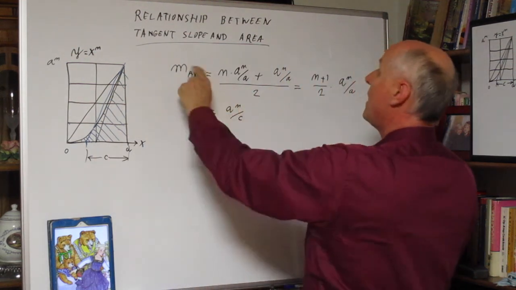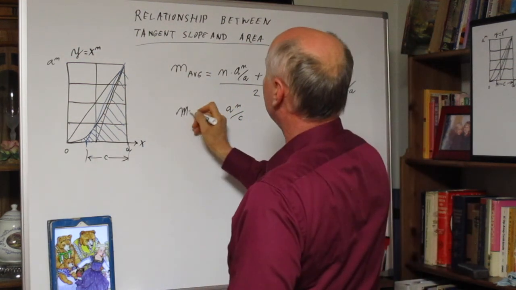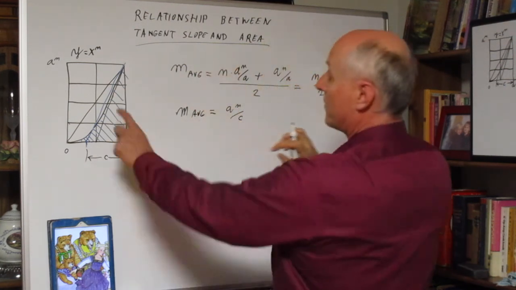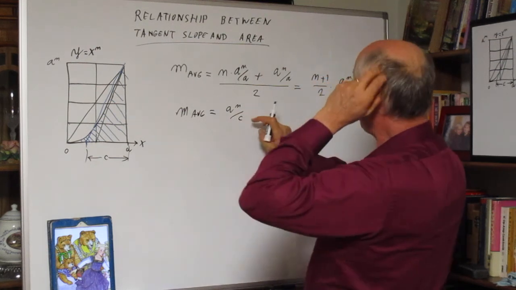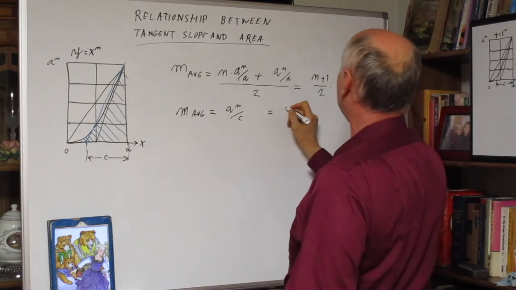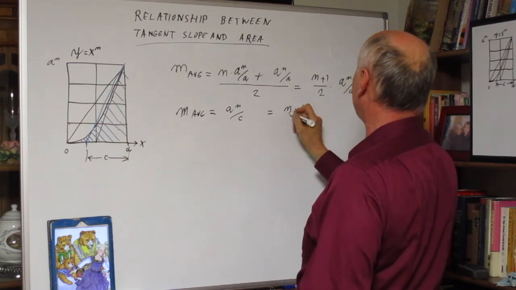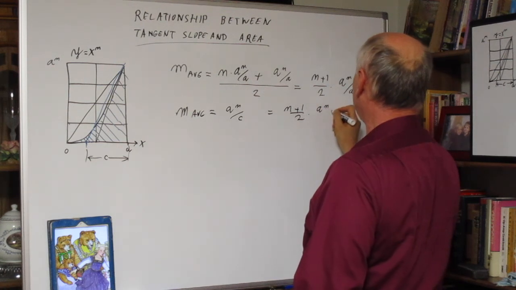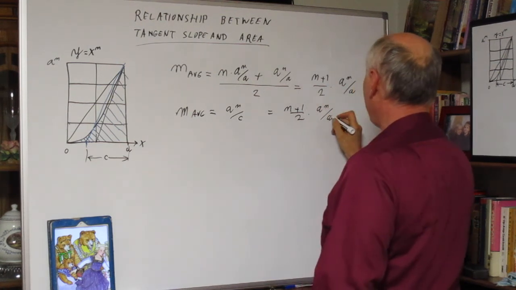So c m avg. So these two are equal, right? So a to the n over c is equal to this whole thing, right? Equals n plus 1 over 2 times a to the n over a. See that?